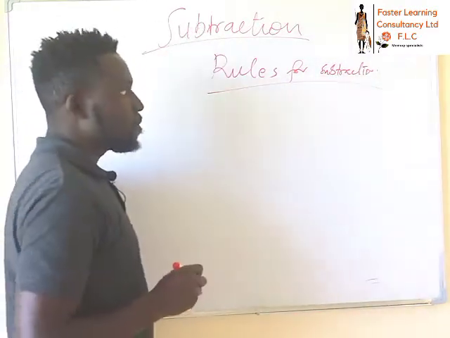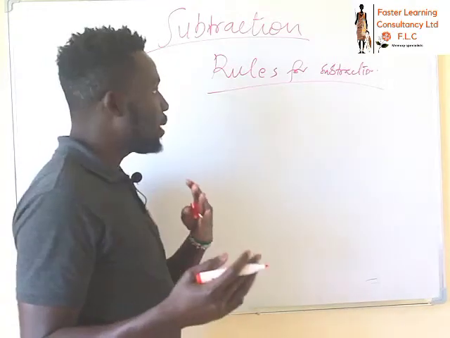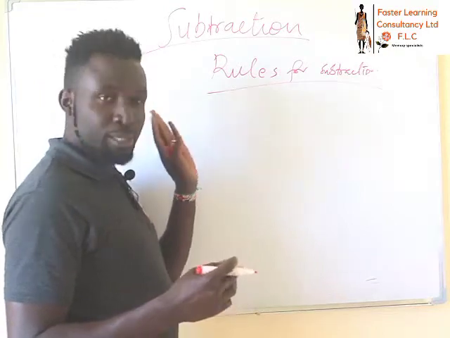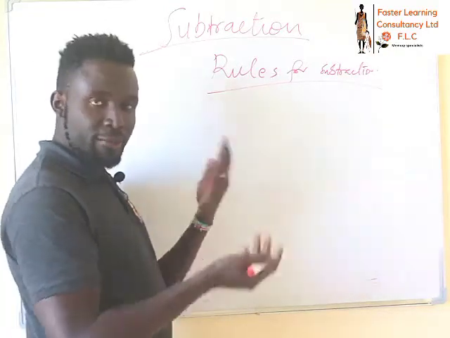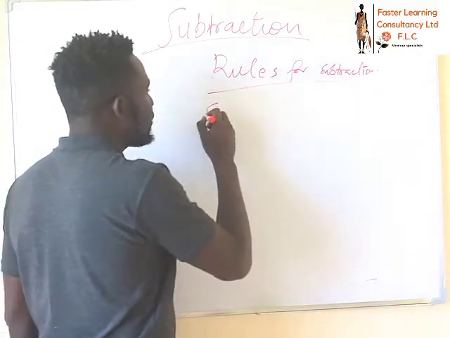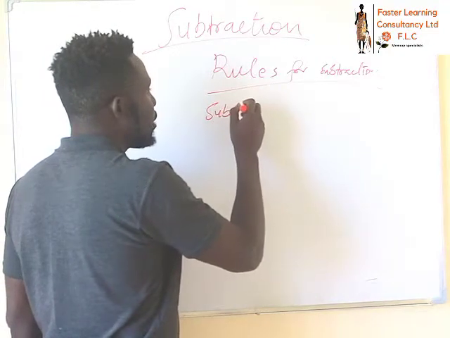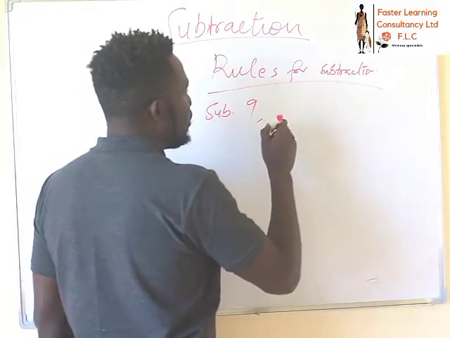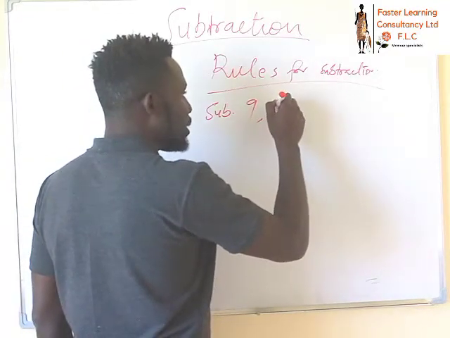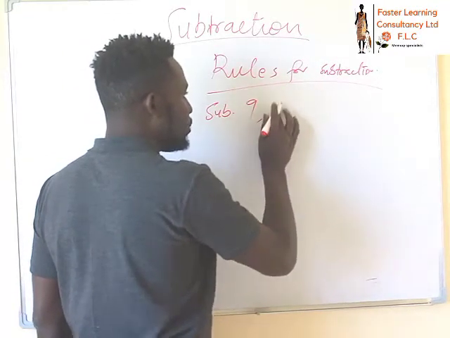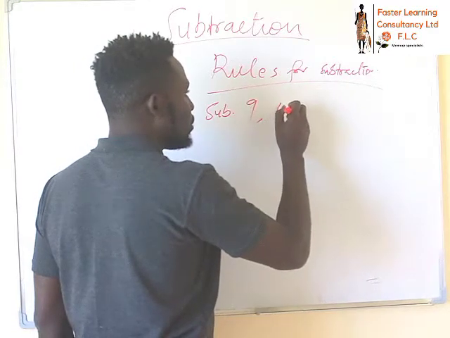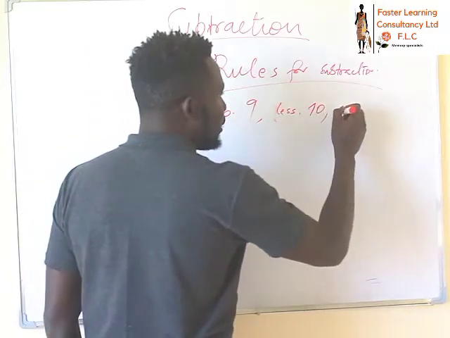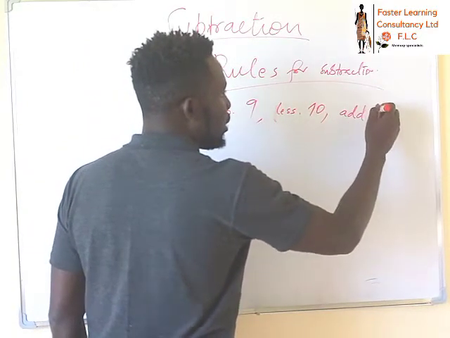Like in our previous video where we talked about rules for addition, now they are similar rules, but in this case they are reversed. If you want to subtract 9, we recommend that you subtract 10 and add 1.